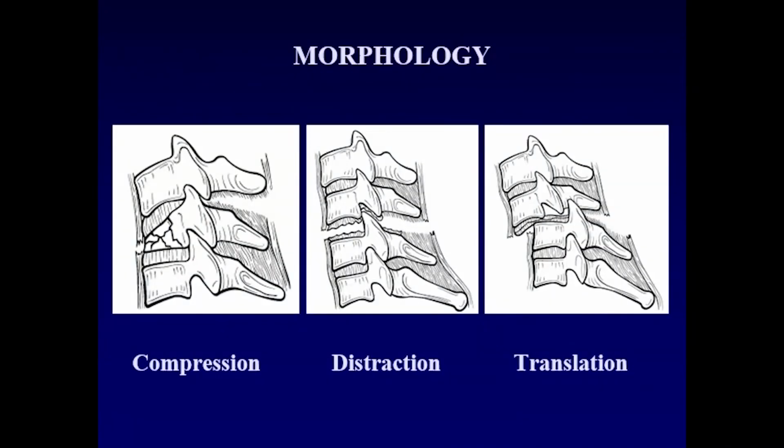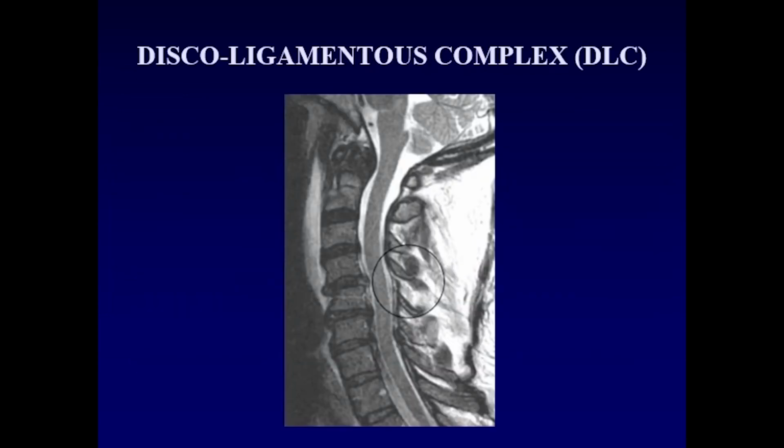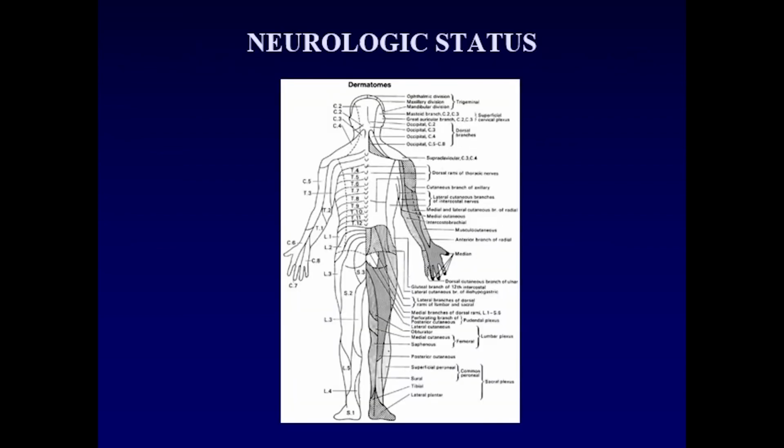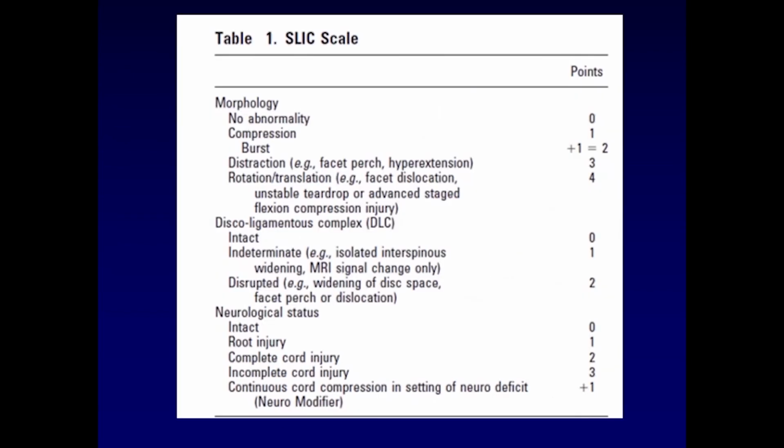Morphology was either compression, distraction, or translation; discoligamentous complex integrity was determined by the MRI; and then the neurological status of the patient. In each category, the patient received either 0, 1, 2, 3, or even 4 points.